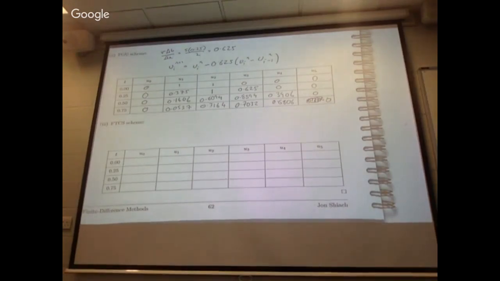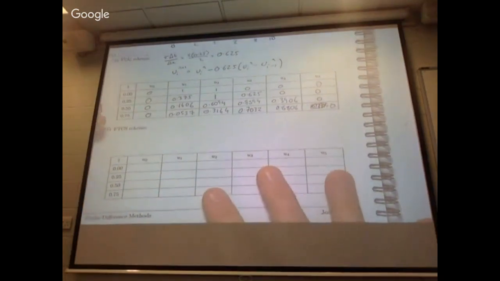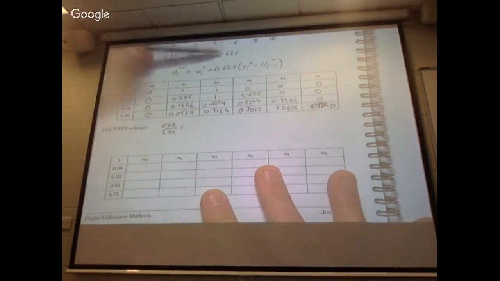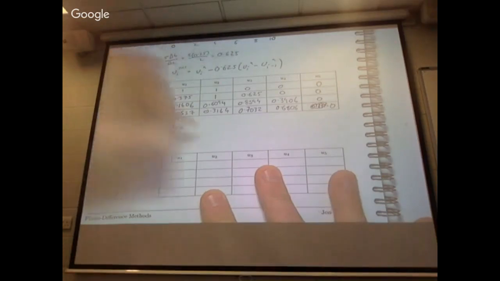Let's have a look at the forward time central space. Now with the forward time central space scheme, we have vdt over 2dx. In other words, it's whatever that is divided by 2.